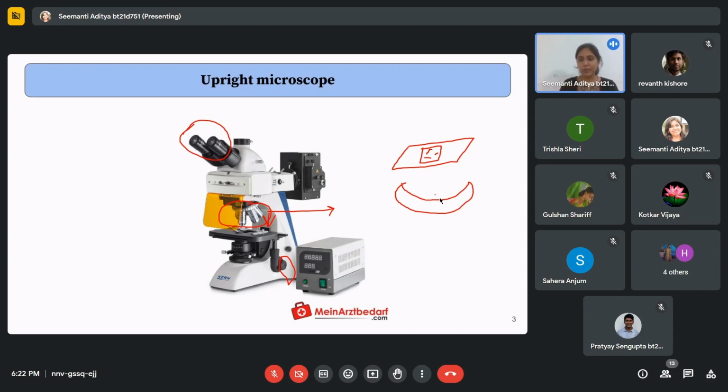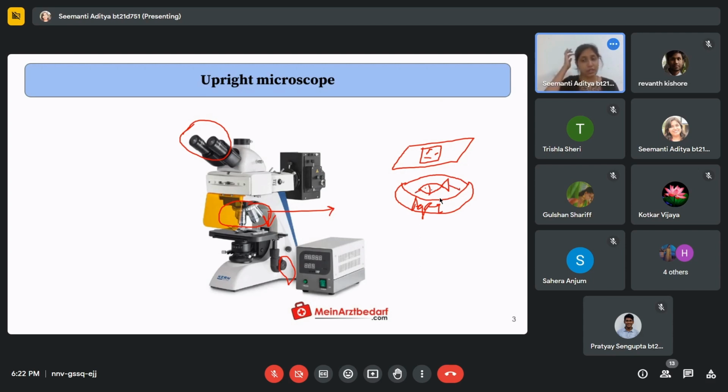Suppose this is an agar media, and the insects or fishes are placed over here. Suppose this is a fish; when it is fixed in this agar-containing petri dish, it is not going to move anymore. So it's going to be here.